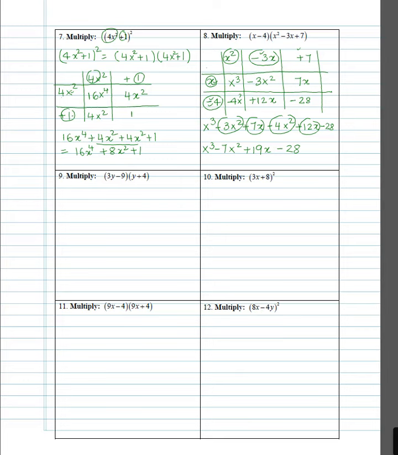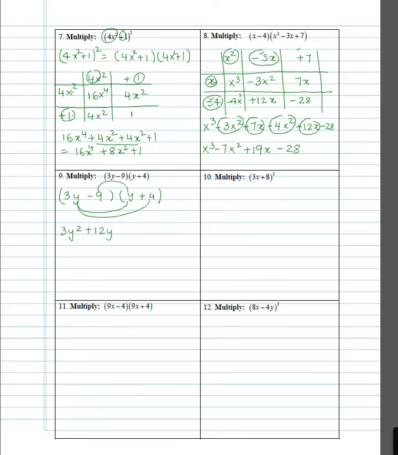Now, the next part of the multiplication. You see that in this test you have a lot of multiplications, so there are different ways of multiplying. Now I'm going to show you the FOIL way. 3y minus 9, y plus 4. So 3y times y, 3y squared, 3y times 4 is 12y.